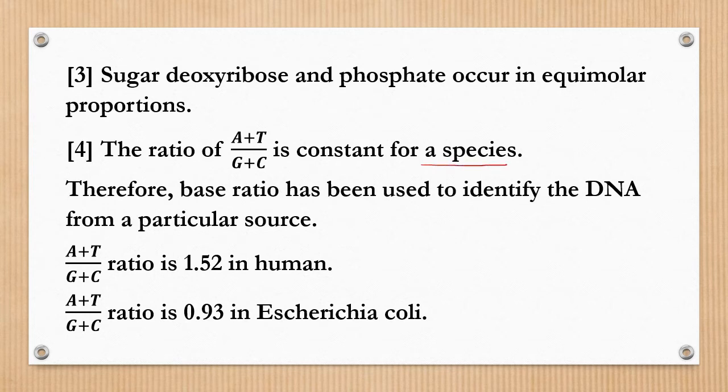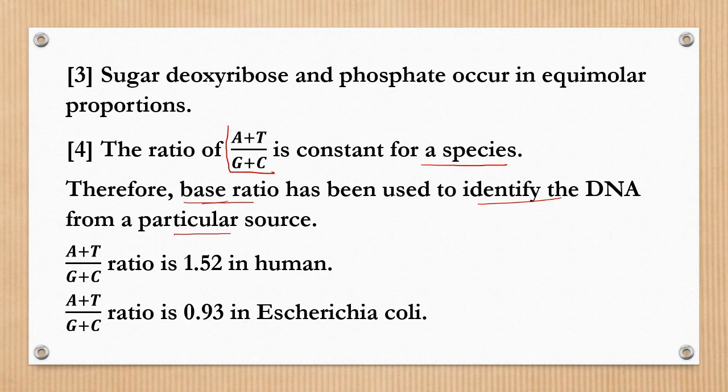If you consider a species, for example Homo sapiens, in all Homo sapiens the ratio is constant in that particular DNA. Therefore, the base ratio has been used to identify the DNA from a particular source.